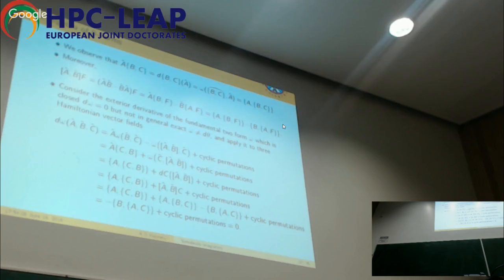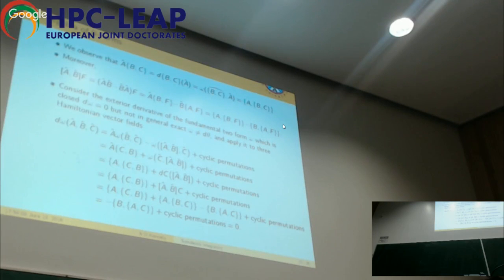But now we remember our definition of the Poisson bracket, and we see that that is just equal to minus the Poisson bracket of B and C with A, or, since the Poisson bracket is antisymmetric, it's equal to the Poisson bracket of A with the Poisson bracket of B and C. So A hat applied to the Poisson bracket just gives me the Poisson bracket of A with that Poisson bracket.